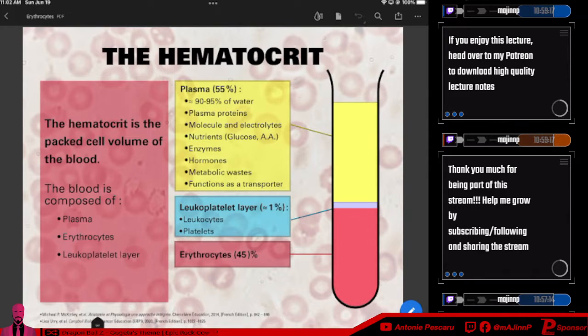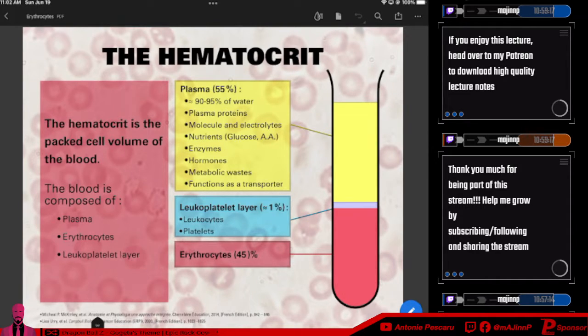As I've stated before in the last slide, you have plasma proteins that exist in the plasma. Then you've got molecules and electrolytes that are also circulating in the plasma.